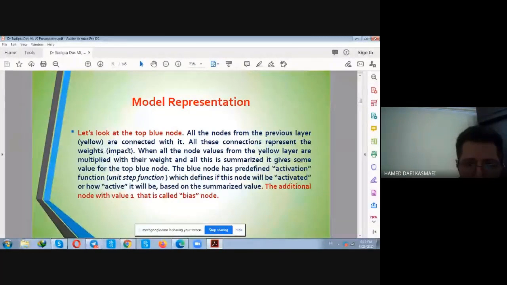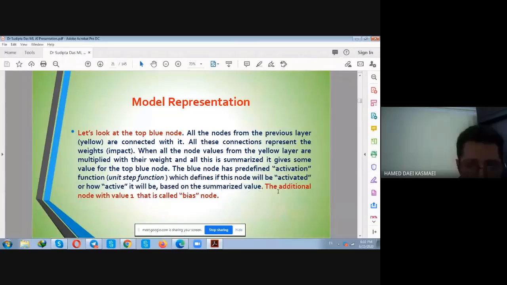All these connections represent the weights' impact: all the node values from the yellow layer are multiplied with their weights, and all this is summed. It gives some value for the top blue node. The blue node has a predefined activation function, or unit step function, which defines if this node will be activated or how active it will be based on the summed value.